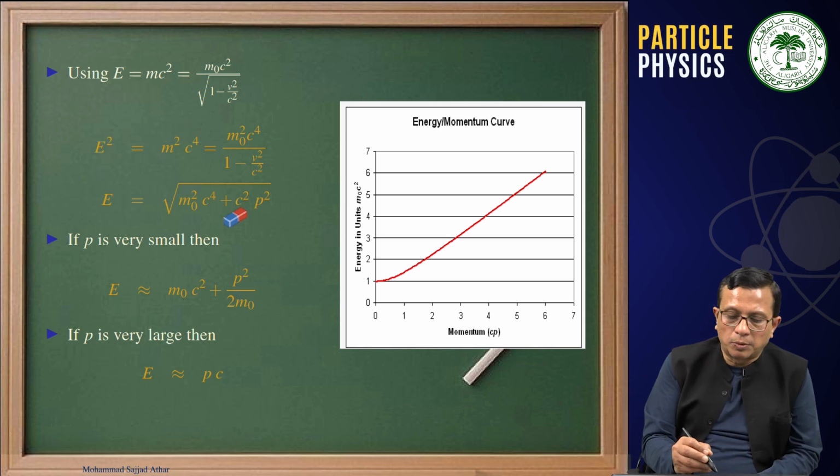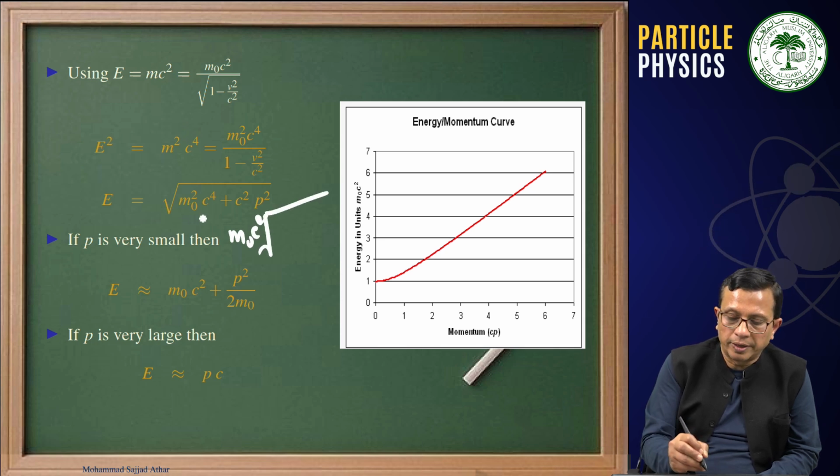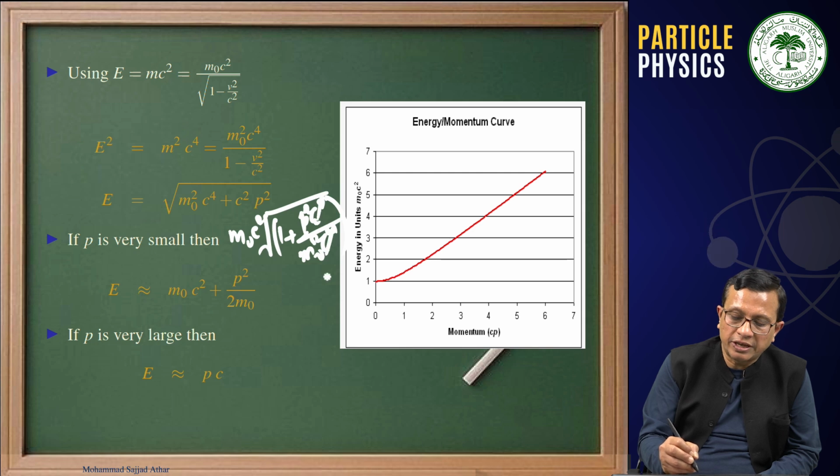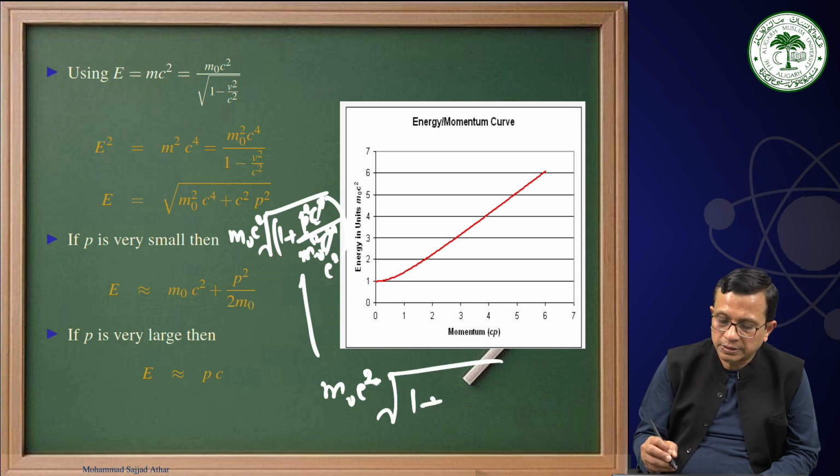If p is very small, I can write it as m naught c square, taking it common, and then this will be 1 plus p square c square upon m naught squared c4, and c square with c4 will give a c square in the denominator. Therefore, this is m naught c square times the square root of 1 plus p square upon m naught squared c square.